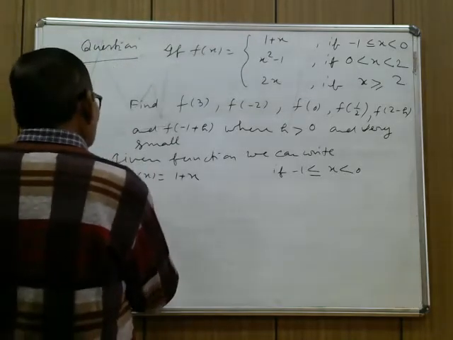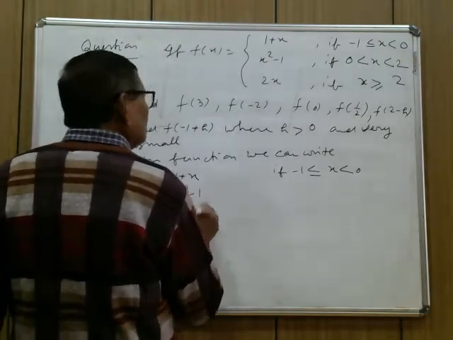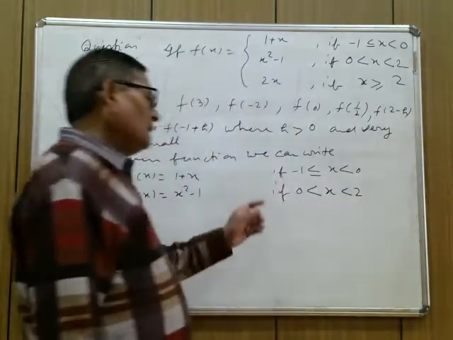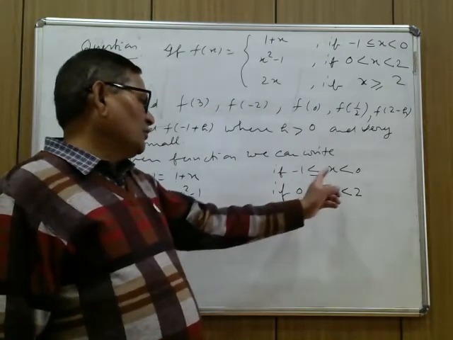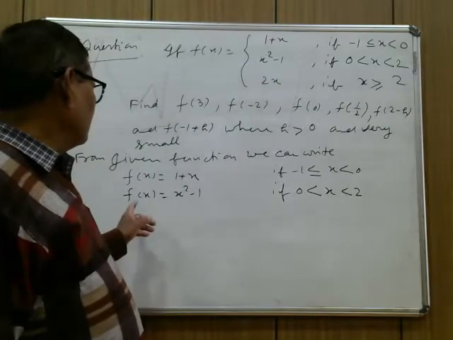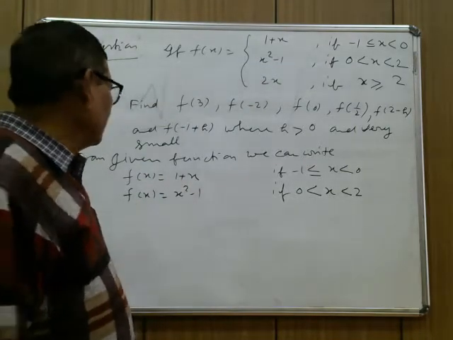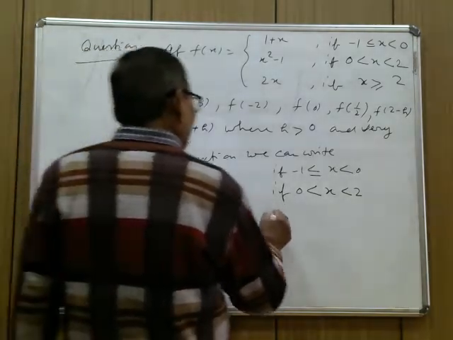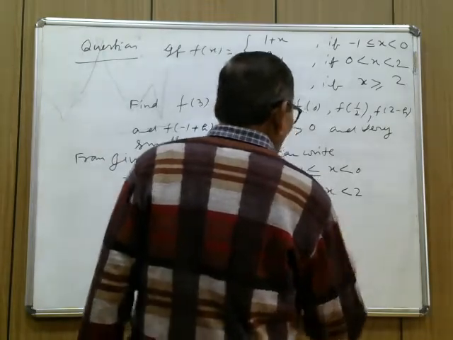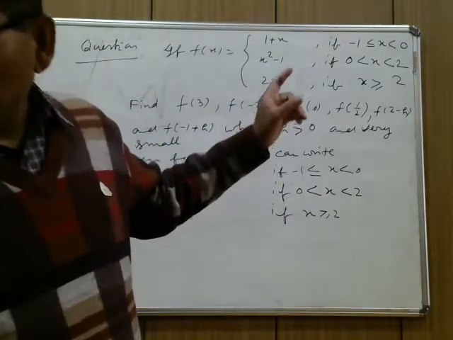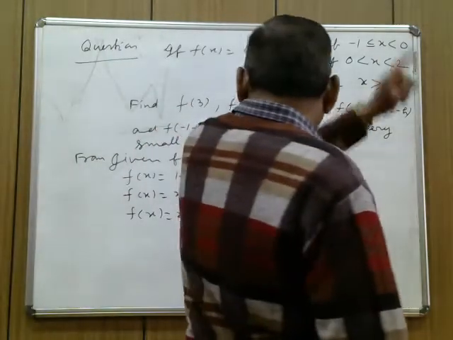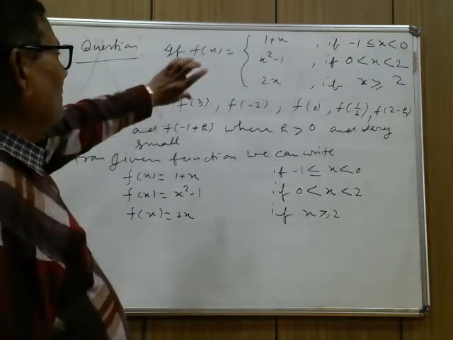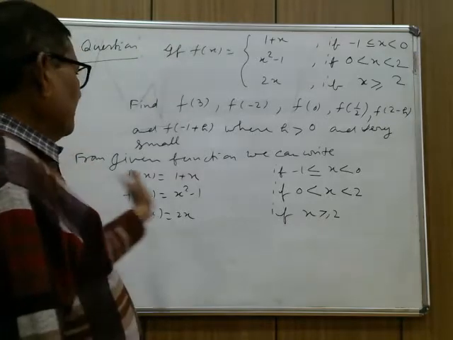Next, f(x) is x square minus 1 if 0 is less than x is less than 2. It means when x is taken from 0 to 2, f(x) is equal to x square minus 1. And the third one is f(x) is 2x if x is greater than or equal to 2. When the value of x is from 2 to infinity, f(x) is 2x. So I have written your function in bifurcated form.